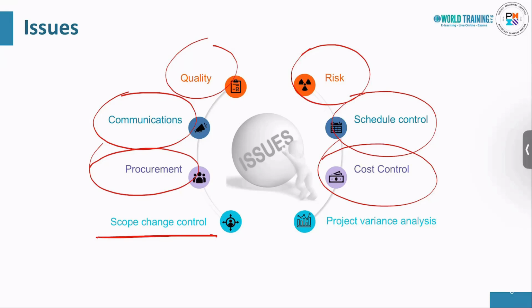And there could be issues with regards to variance as well. And variance could be about scheduling, costing, scope, and resourcing. So these are some of the areas about which the project team can expect problems or issues. And we need to target all of these areas when we manage issues in a project.